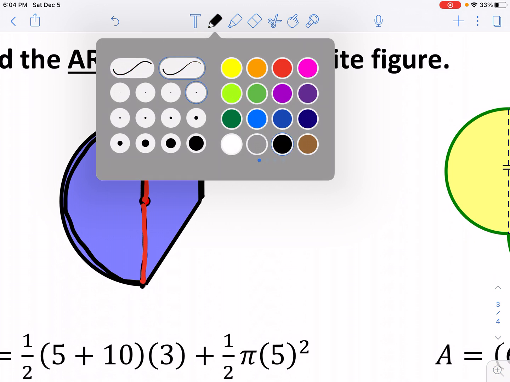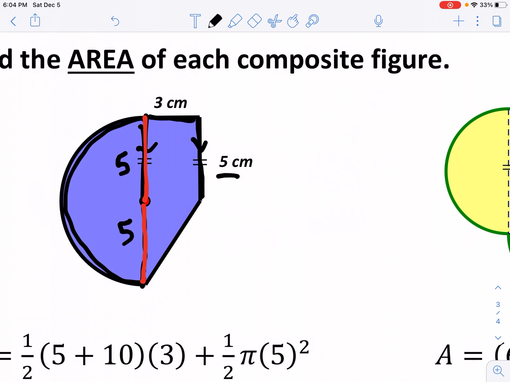Yeah, okay. So this would also be 5 because it's the radius of that semicircle, okay? So actually what we end up with is a semicircle and a trapezoid. So we're going to add the two areas together to give us the total area, okay?